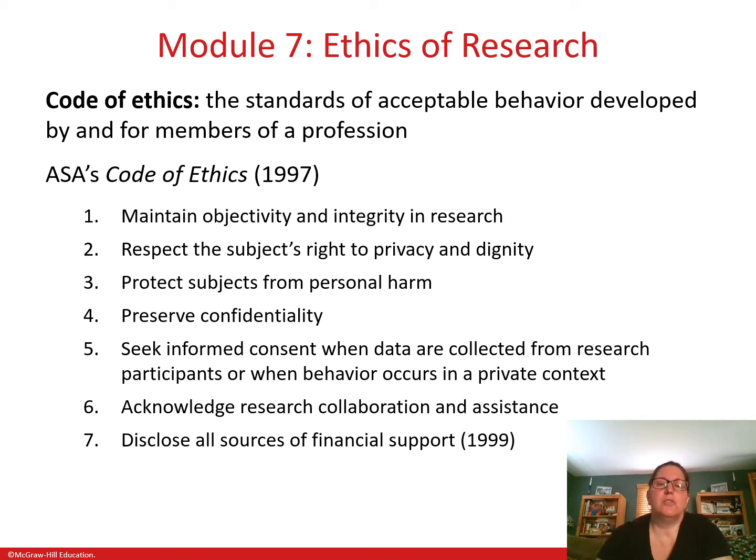And the last thing is to disclose all sources of financial support. If someone's giving you a grant, you need to acknowledge who that funding was from. Here's a good example of why you would want to disclose that.